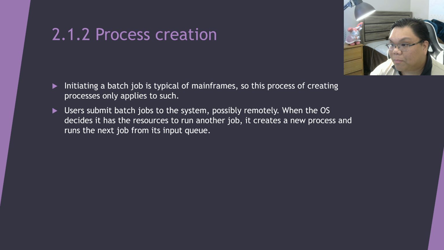The last one more applies to mainframes. Here, users submit batch jobs for the system, possibly remotely. When the OS decides it has the resources to run another job, it creates a new process and runs the next job from its input queue. So this last one is more for mainframes.